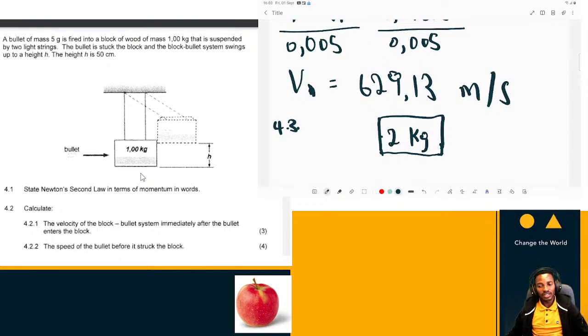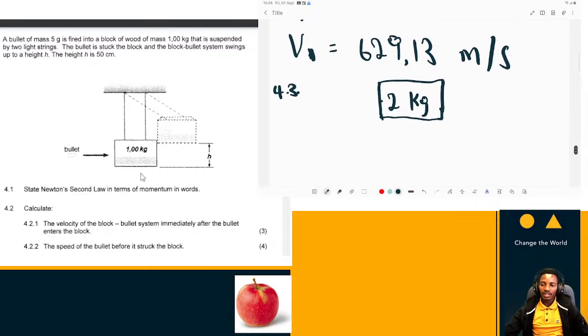And we know, according to Newton's second law, F net is directly proportional to the acceleration and inversely proportional to the mass. So if the velocity didn't change, that means the acceleration is constant. And now we double the mass. Therefore, the F net should decrease, and therefore the height reached by the block should also decrease because there is less net force applied.